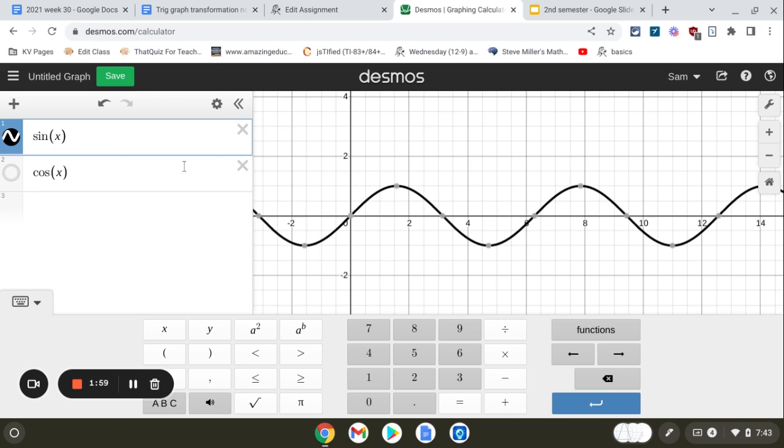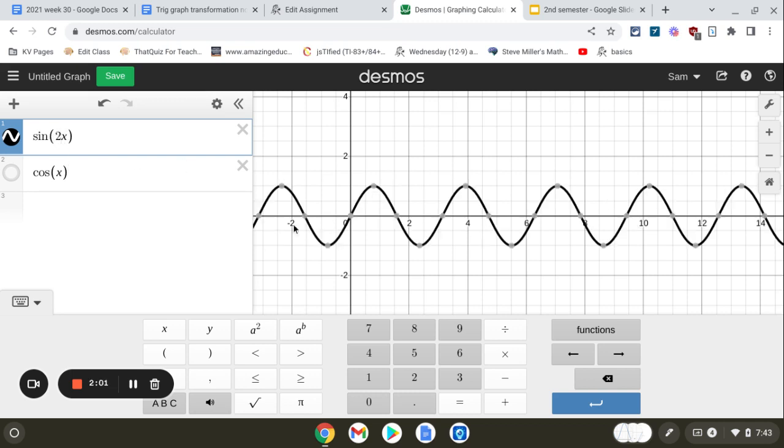But if you change this to sine of 2x, that period shortens because we're speeding the function up. The function now repeats every pi units. So where normally sine would take 2 pi units to fully repeat, now we're seeing 2 full cycles in that same amount of time, so to speak.